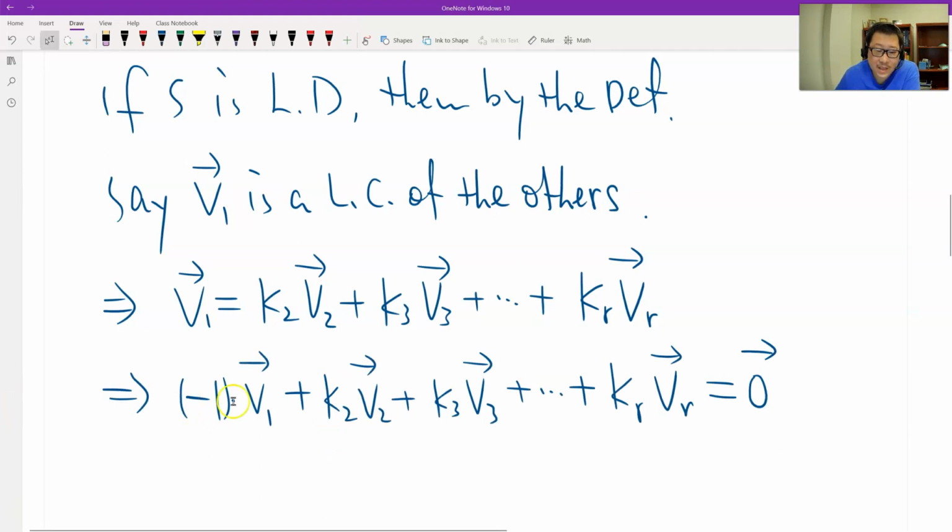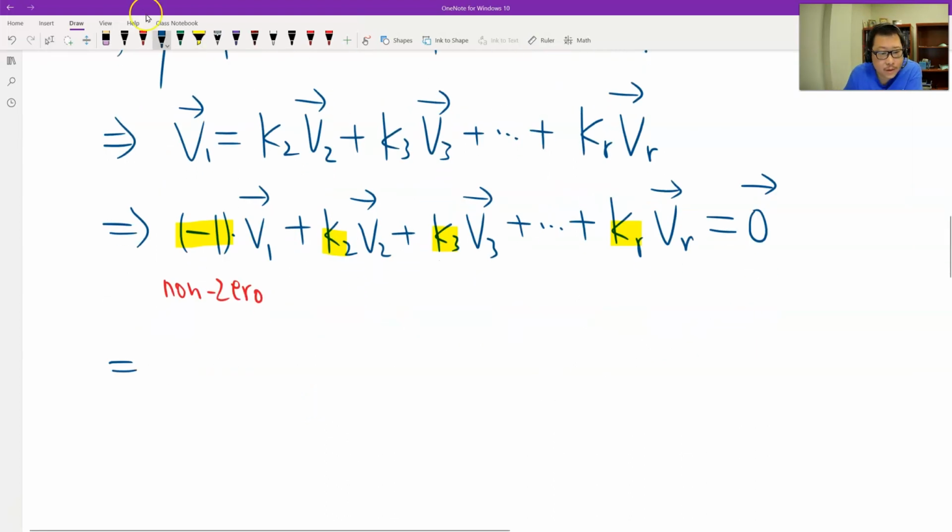What does this mean? This means that the linear system has a non-trivial solution because, see, at least the first coefficient is not zero, right? So here is non-zero. For the other coefficients, I don't know, probably zero, but this means the system has a non-trivial solution.